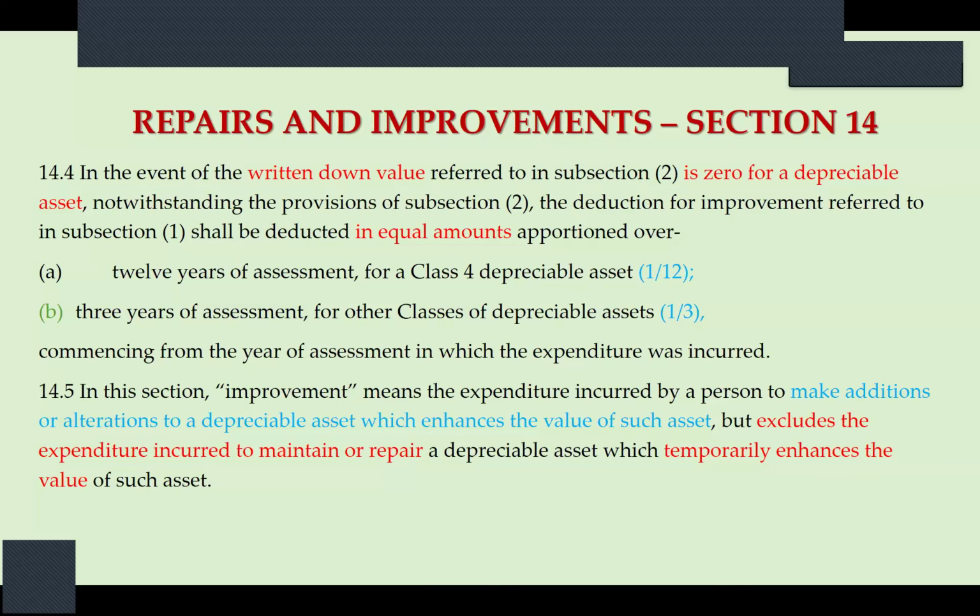So what do you prefer? If you have an expenditure for repair and improvement, under which category would you like to categorize it? Under repair or under improvement? You try to deduct it under repair or improvement?